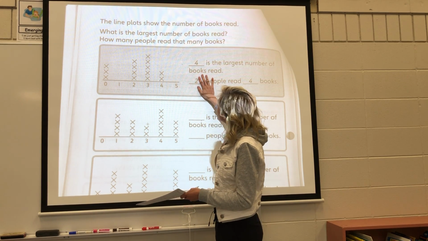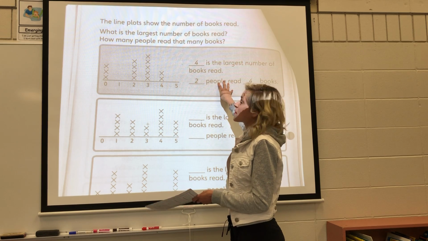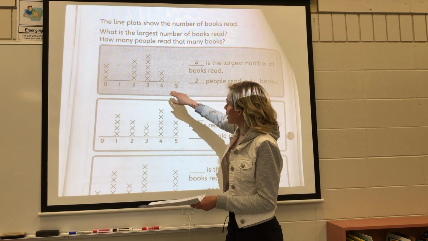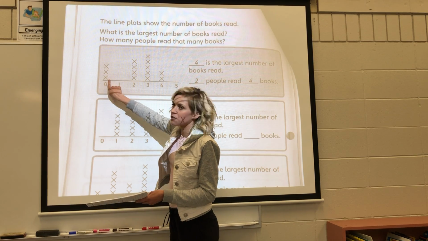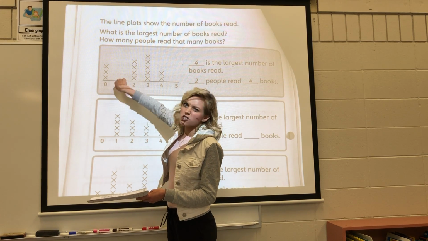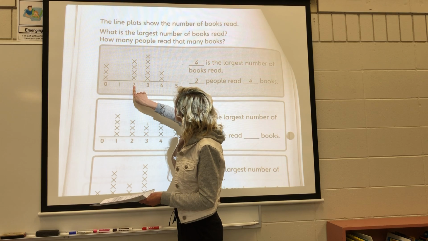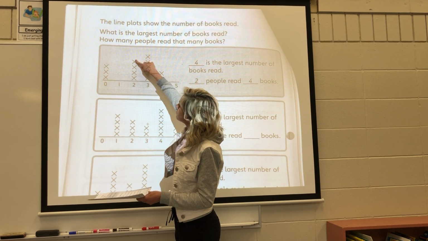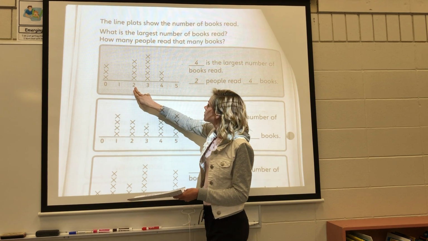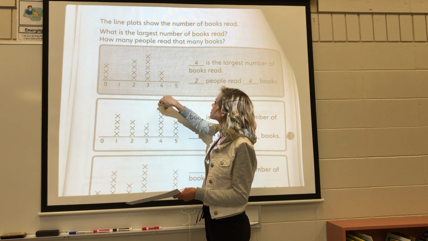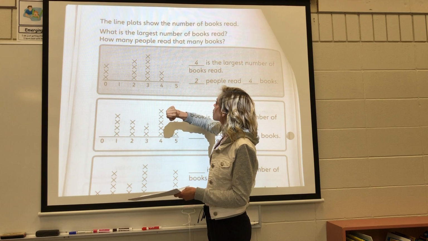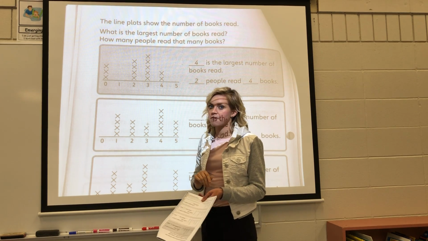So for this one, the line plot shows the number of books read, okay? So we know that 3 people, 1, 2, 3, read 0. Nobody just read 1 book. 1, 2, 3, 4 people read 2 books. 1, 2, 3, 4, 5 people read 3 books. 2 people read 4 books, and nobody read 5 books.